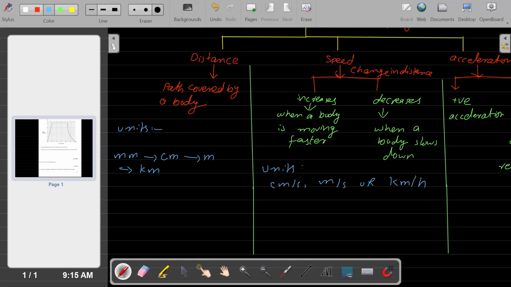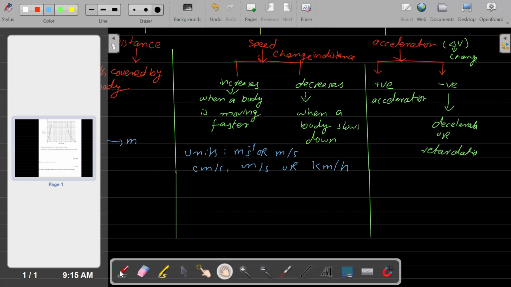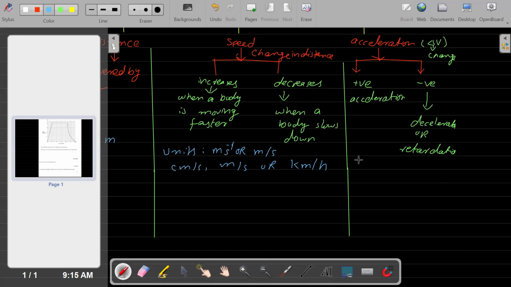Its SI unit is basically meter per second, or meter slash second. You can represent it both ways. Same way for acceleration, the unit is meter per second square, or meter slash second square. Is it clear, Fatma?